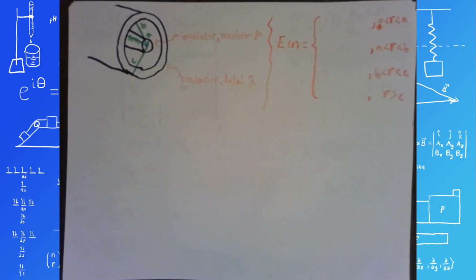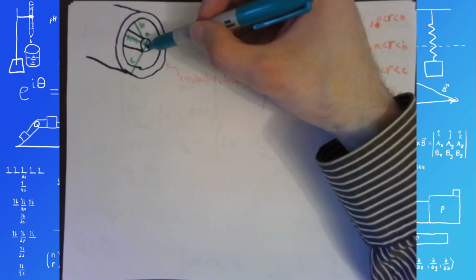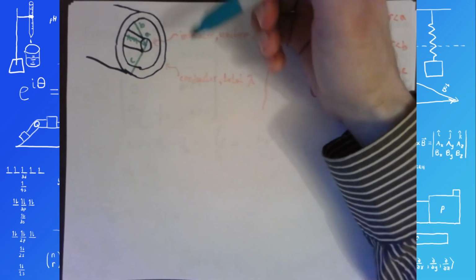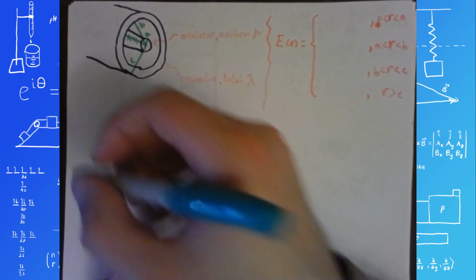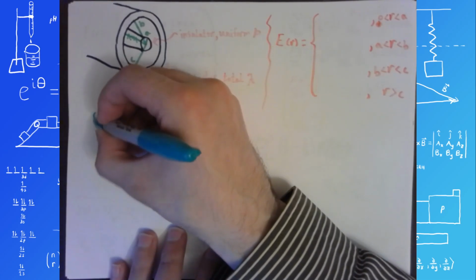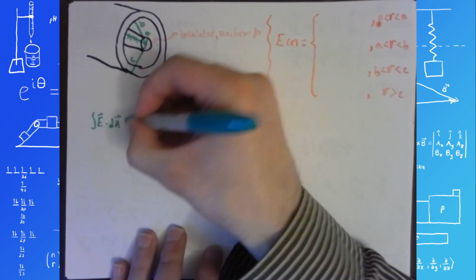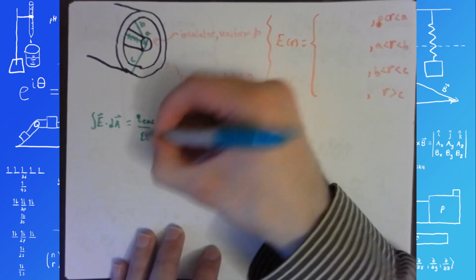All right, so first Gaussian surface I want is a Gaussian cylinder that exists within our innermost cylinder. So Gaussian cylinder of radius between 0 and A. So I'm going to do integral E dot dA equals charge enclosed over epsilon naught.